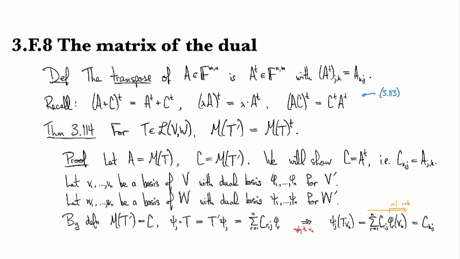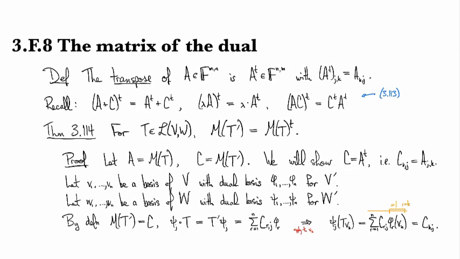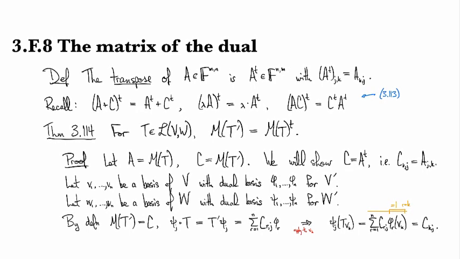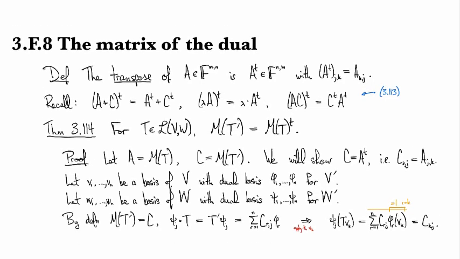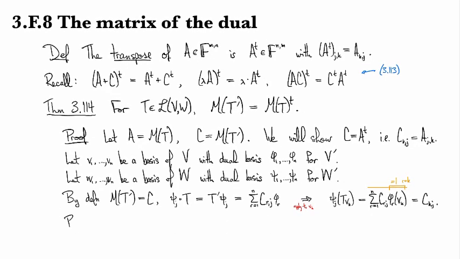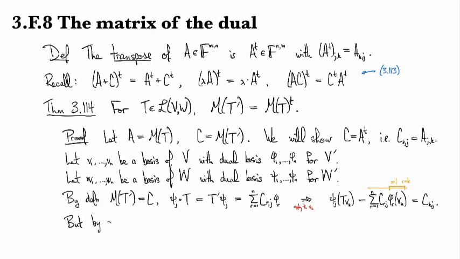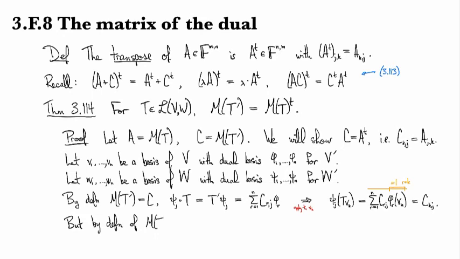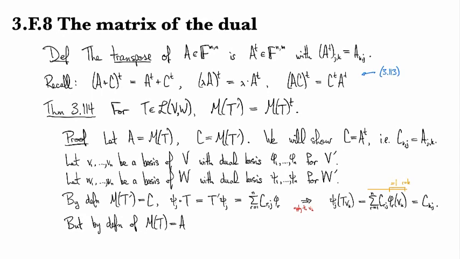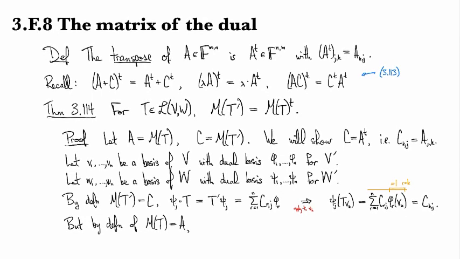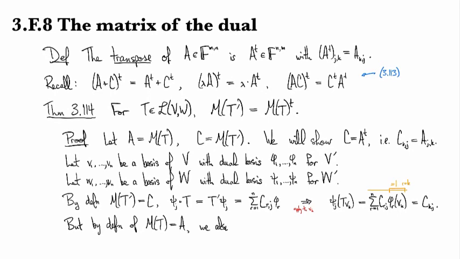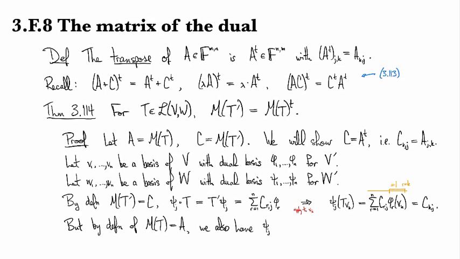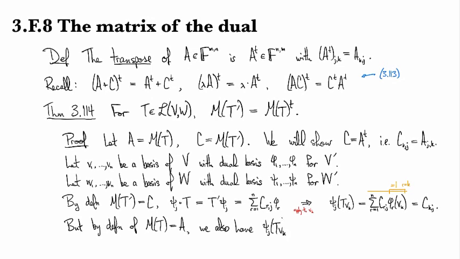All right. But we have another way to compute psi j of T v_k. By the definition of the matrix for T, which we're calling A, we also have that psi j of T v_k, this thing we just computed in the last line.